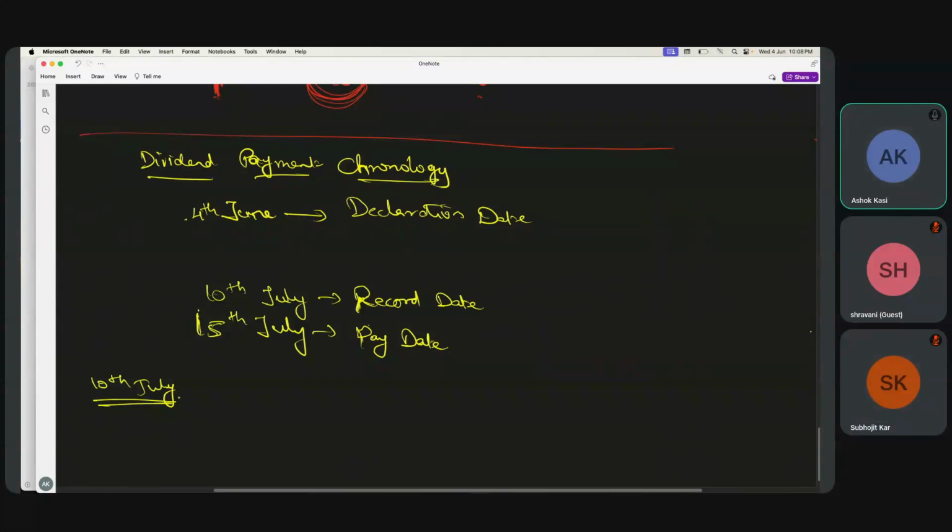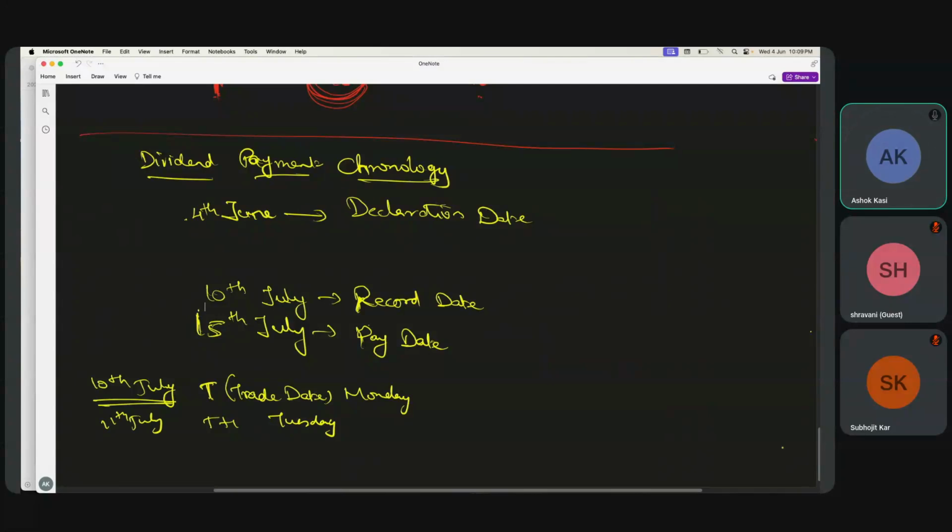Let's go by the US method now. Let's say this is some US company. There it takes T plus 2 working days. What do you mean by this? T means trade date. If T is Monday, the trade date, then T plus 1 will be Tuesday, which is 11th July.